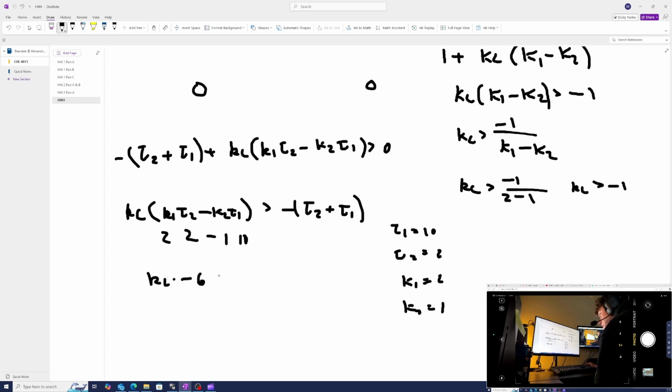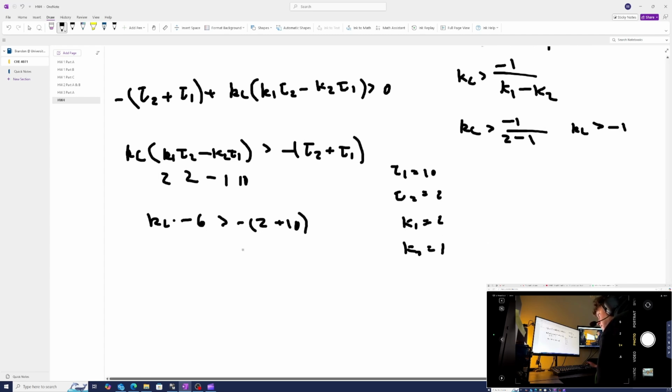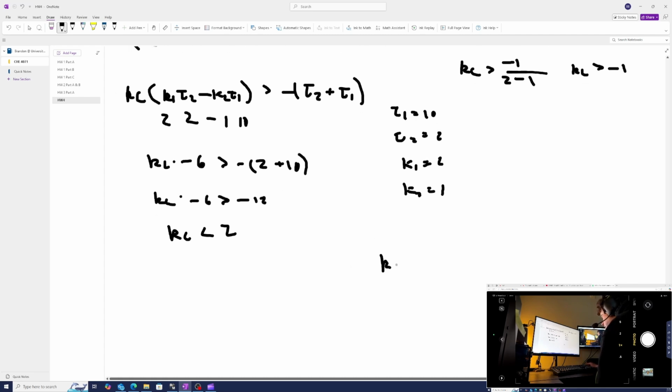Kc times minus 6 is greater than minus tau 2, so 2, plus tau 1, so 10, which is minus 12. So we get Kc times negative 6 is greater than negative 12, and dividing across by negative 6 flips the sign, giving Kc must be less than 2. So from our Routh-Hurwitz stability analysis, we know that our Kc value for this system must be greater than negative 1, but less than 2.